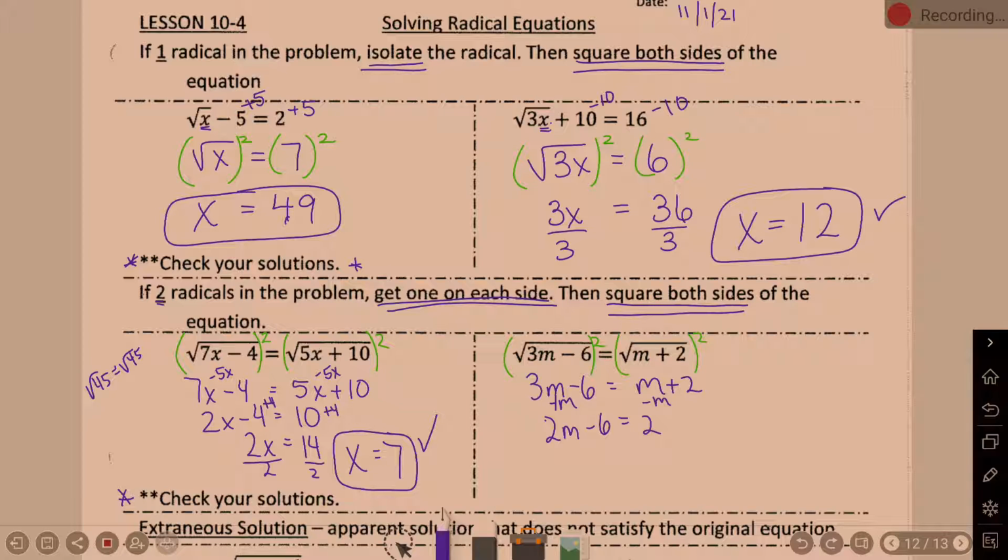If it's 2m minus 6, add 6. The 6's cancel. We have 2m equals 8. Divide by 2. And m is 4.